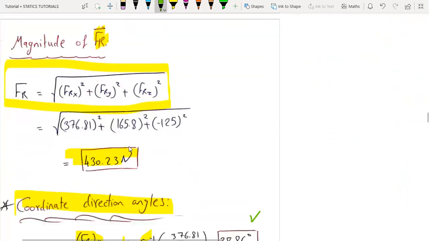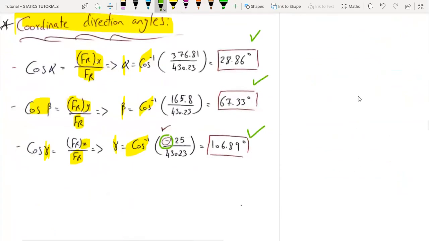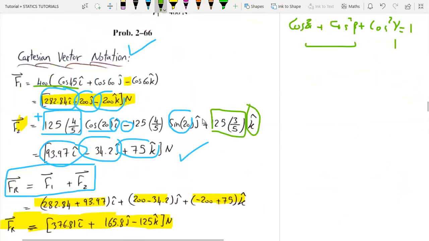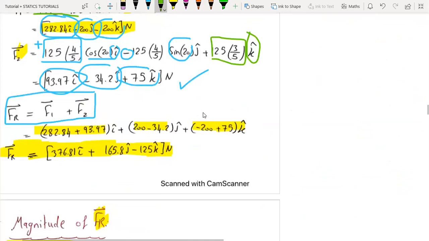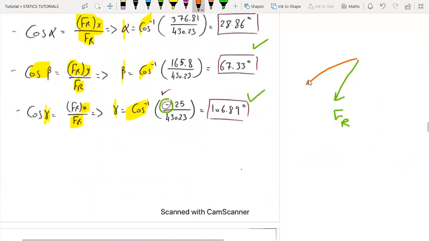So Fr has a magnitude of 430. Let's say here it is Fr, and the x, y, and z axes. Here it is the x axis, here it is the y axis, and here it is the z axis.